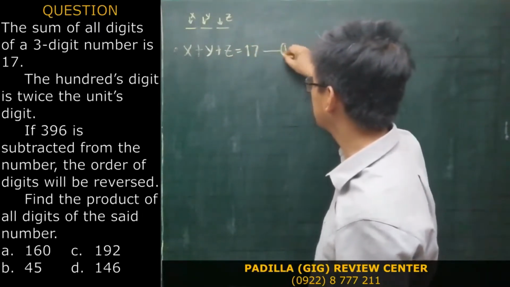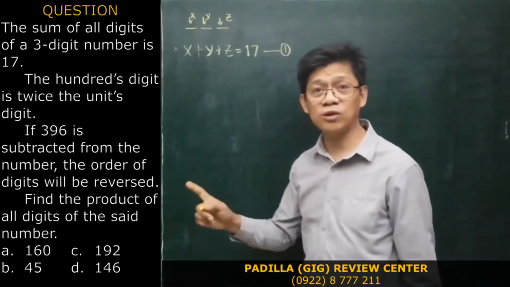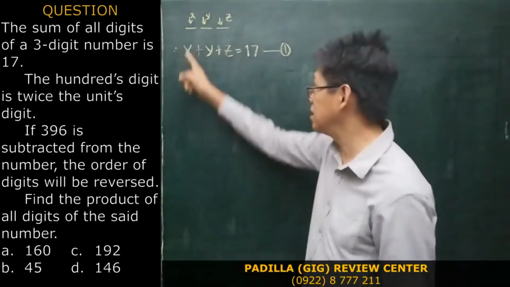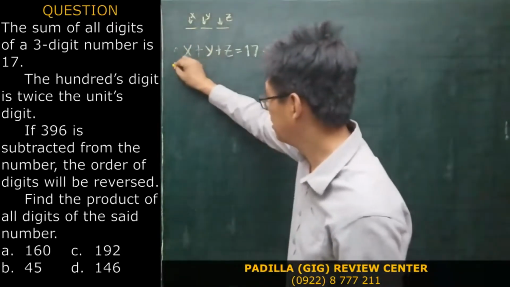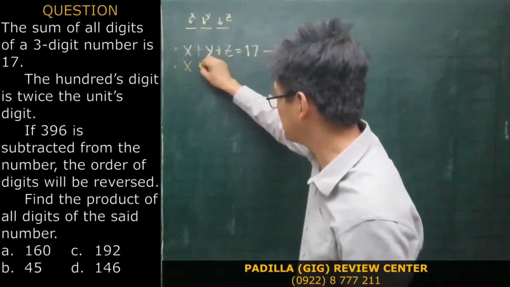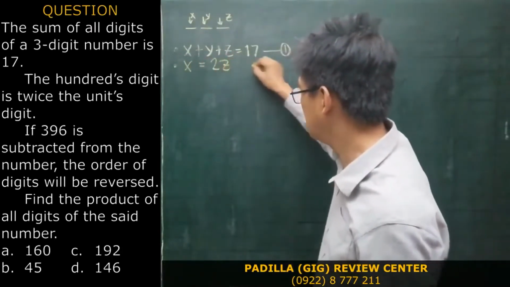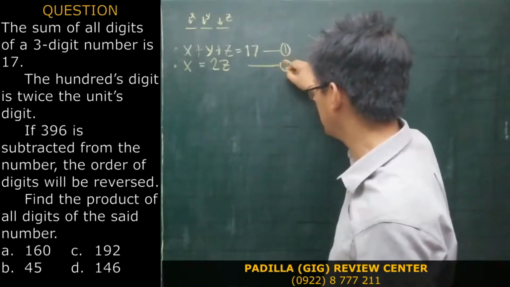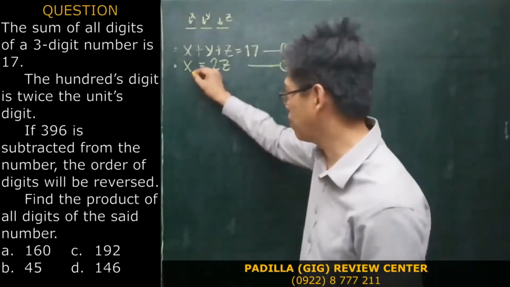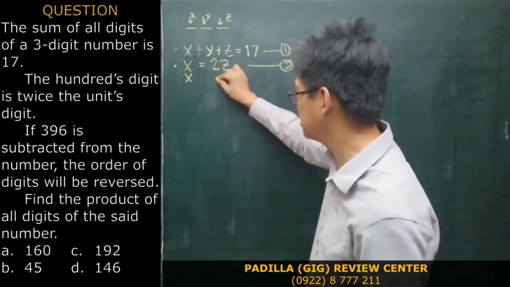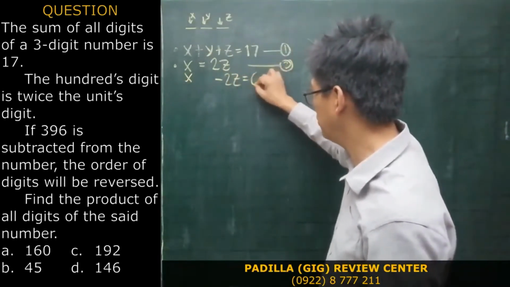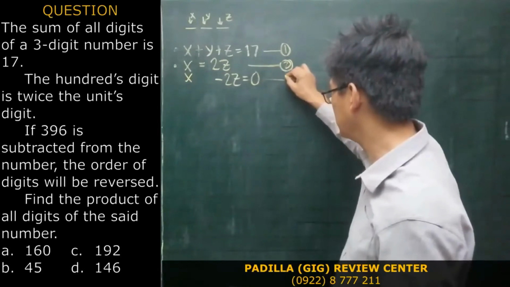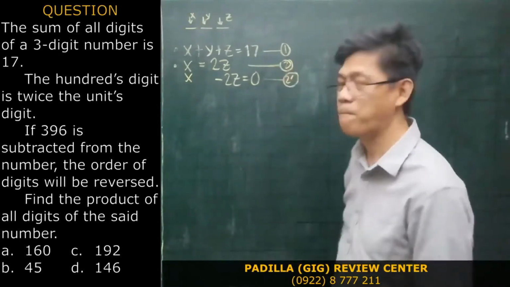This is equation 1. The second condition says the hundreds digit X is twice the units digit Z. So X is equal to 2Z. Let me call this equation number 2. Or I can rewrite this as X minus 2Z is equal to 0. Let me call this equation 2 prime.